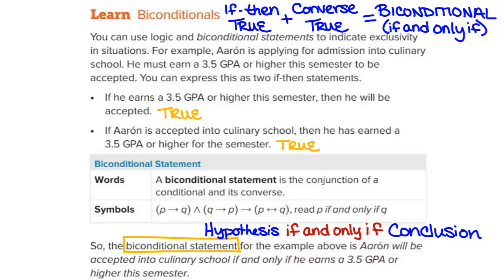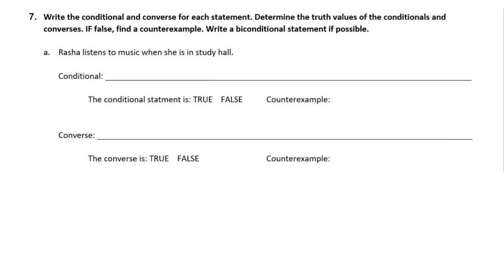Let's practice doing this with a couple examples. So the first thing I need is an if-then statement. So let's look at number 7, part A. It says, Rasha listens to music when she's in study hall.